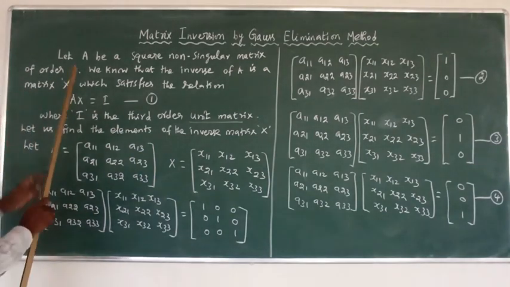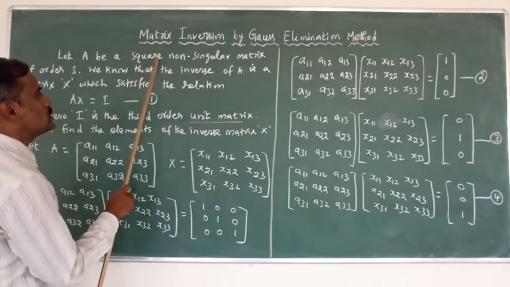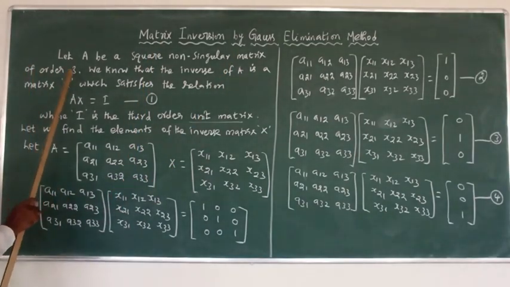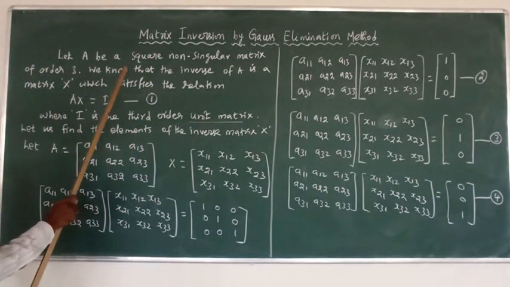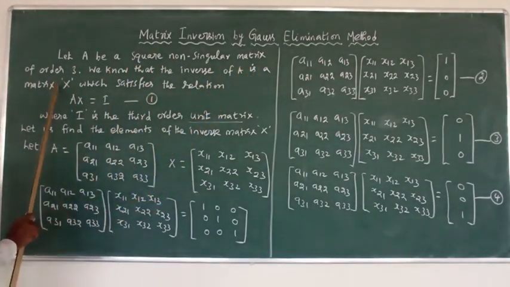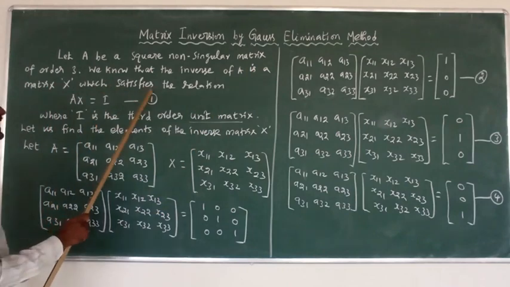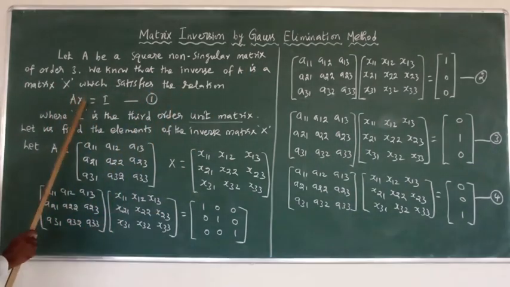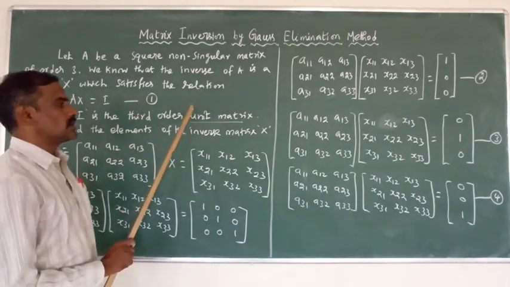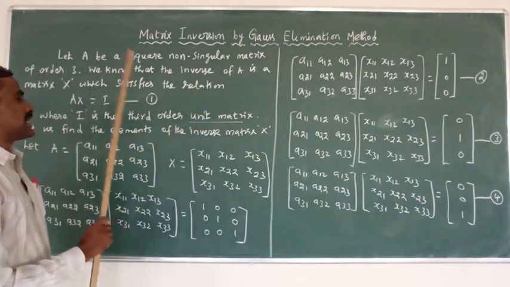Here let A be a non-singular square matrix of order 3. We know that the inverse of A is a matrix X which satisfies the relation AX equal to I, where I is the third order unit matrix.